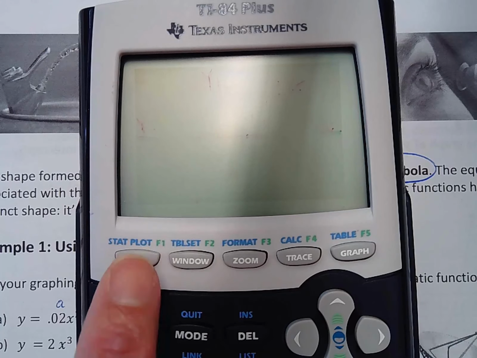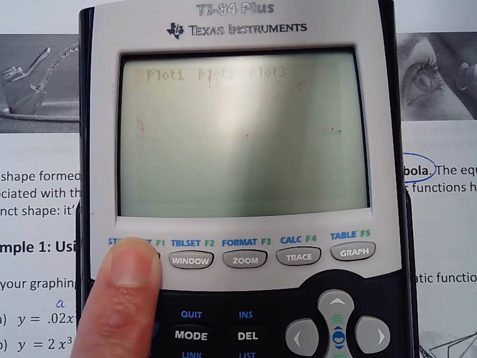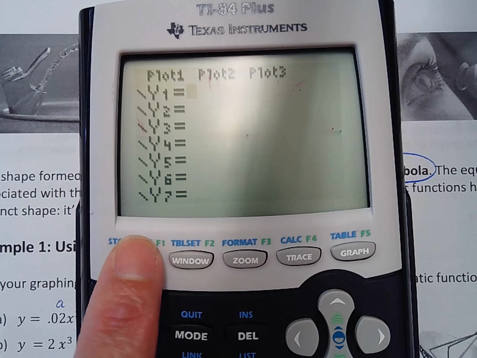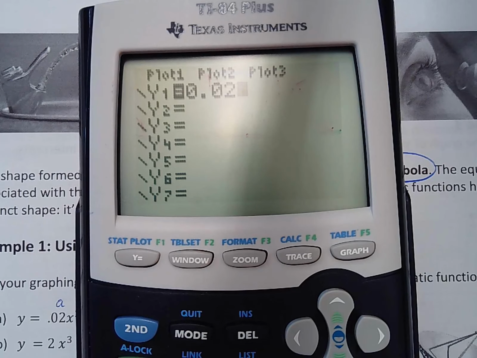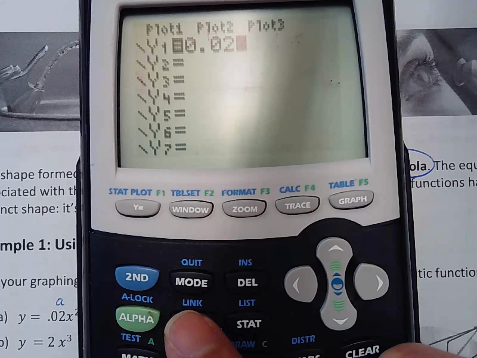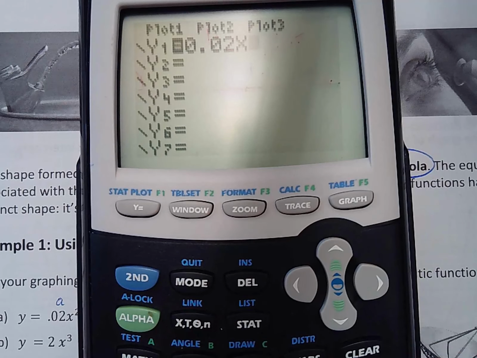Go to y equals. On y1, we're going to type in 0.02x squared.